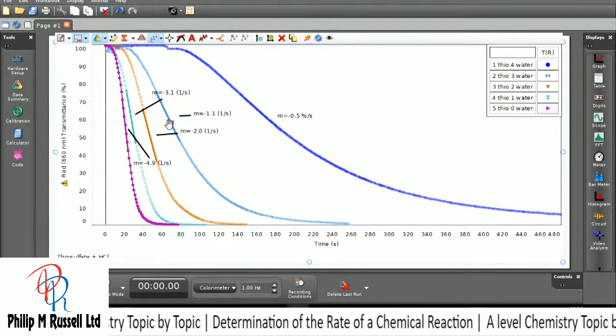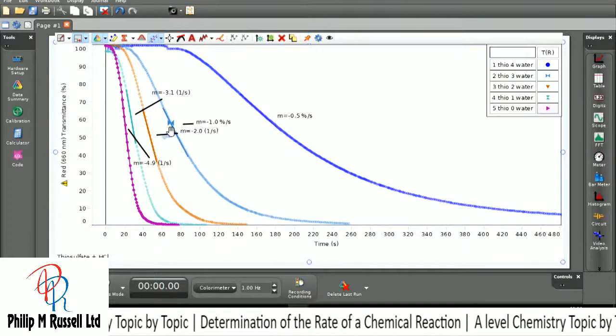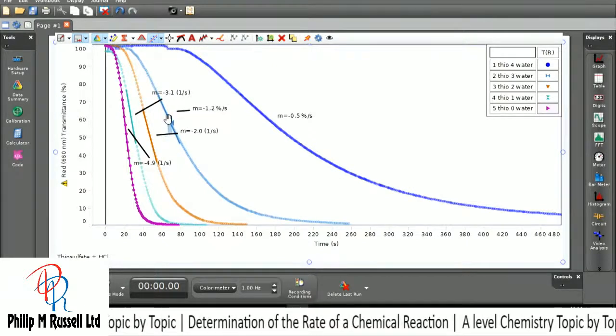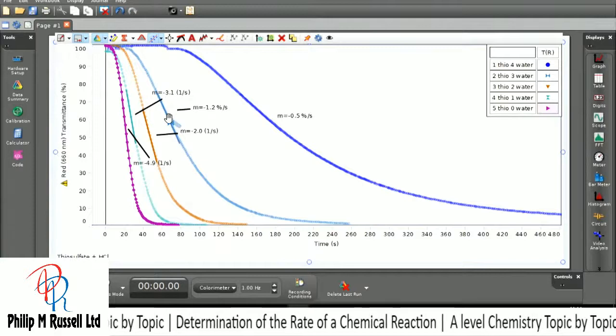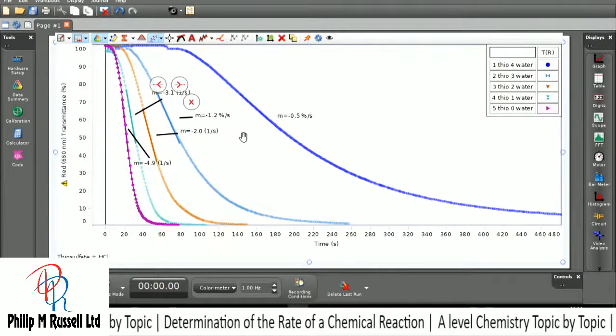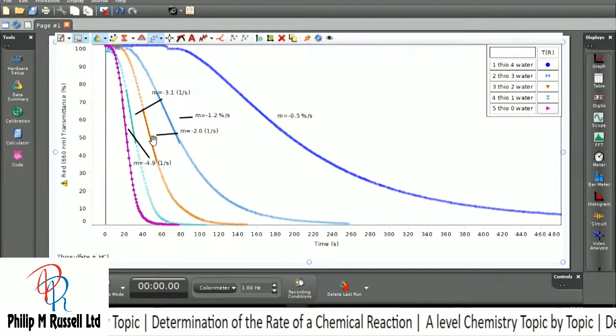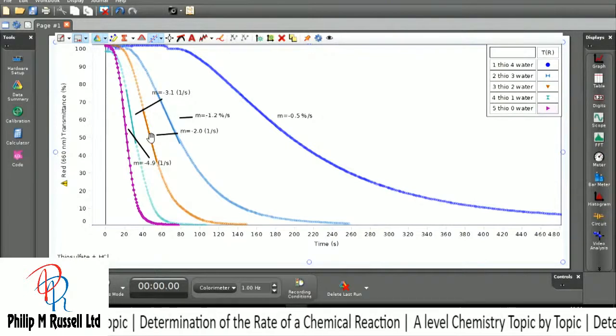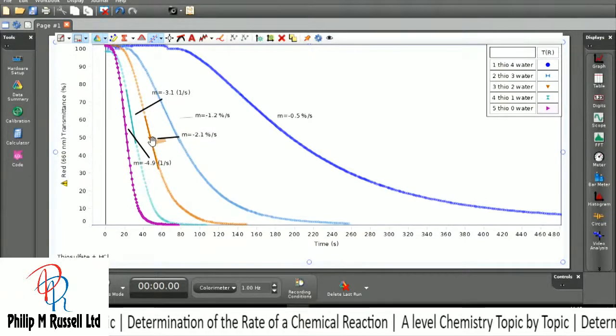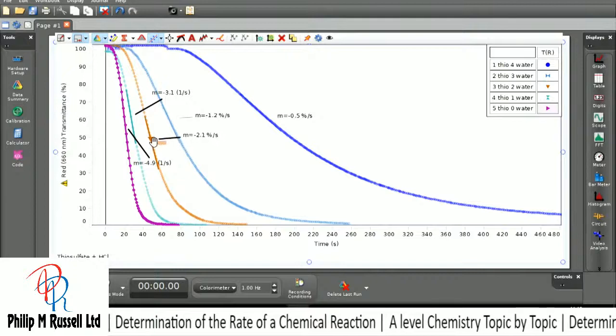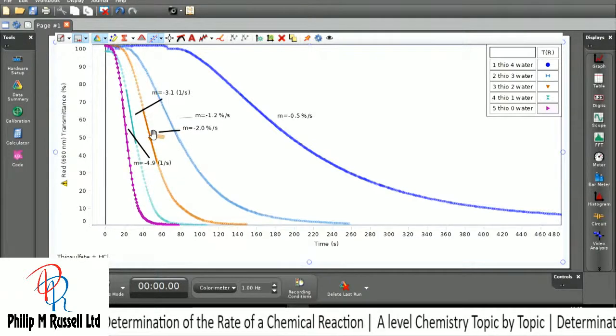Looking at the next one, then I managed to get that to about 1.2 there. Looking at the third value, back 2.1.